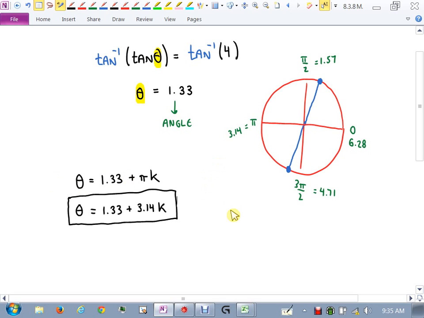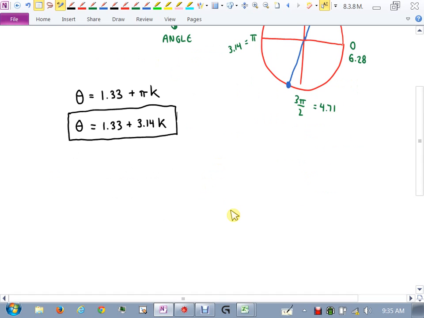All right, well, if there are no questions, I would like for you to now solve that same equation: tangent theta is 4 on the interval 0 less than or equal to theta less than 2 pi. So now let's let k be 0, and we get what for theta? 1.33.